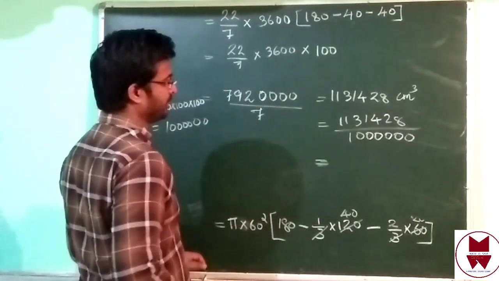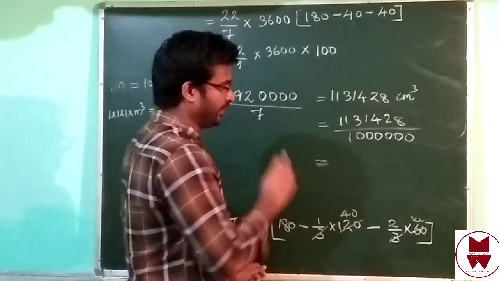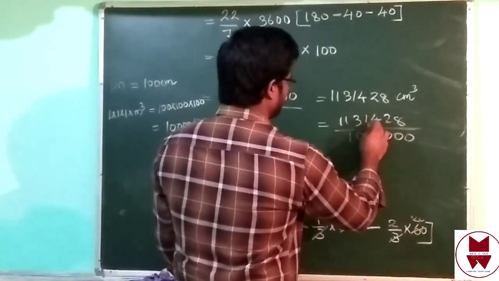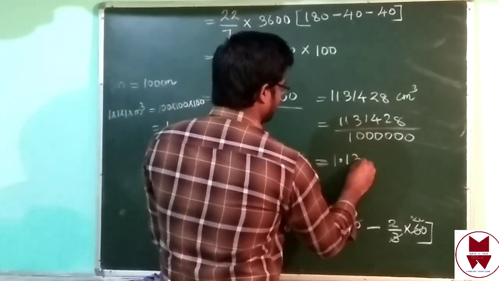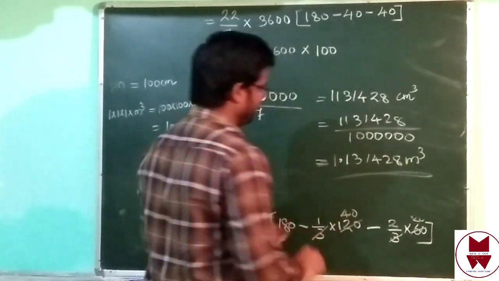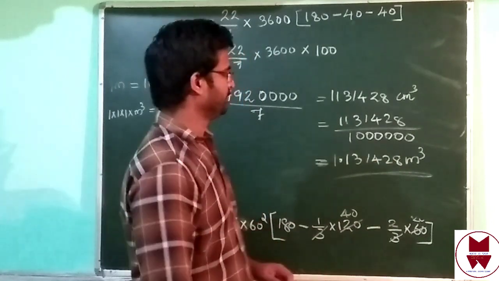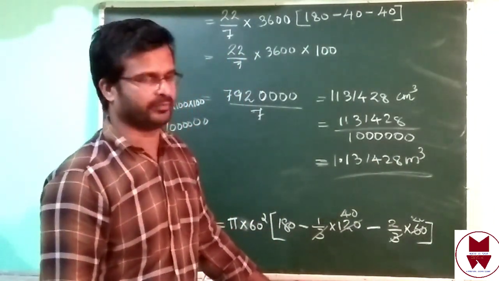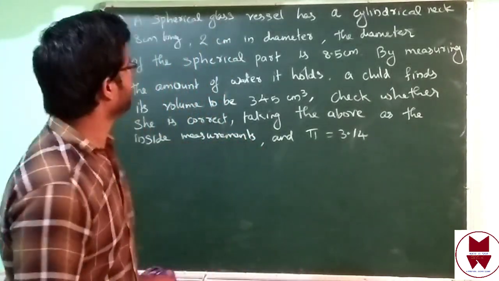After the point we need 6 numbers: 1, 2, 3, 4, 5, 6. You will get 1.131428 meter cube. Check it, after the point 6 numbers. This is our answer: 1.131428 meter cube.